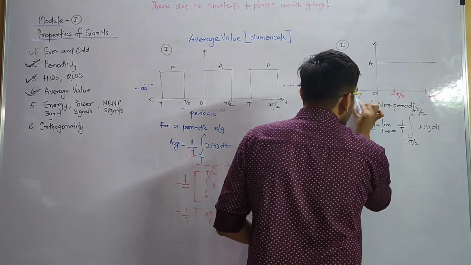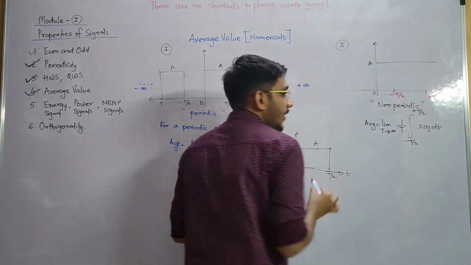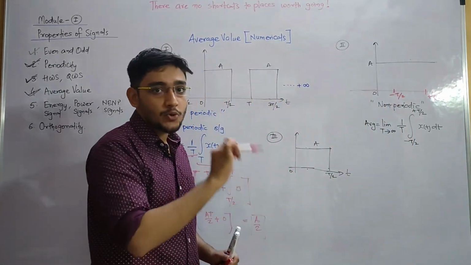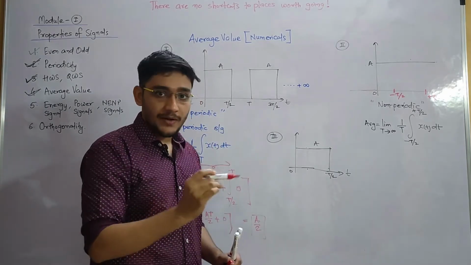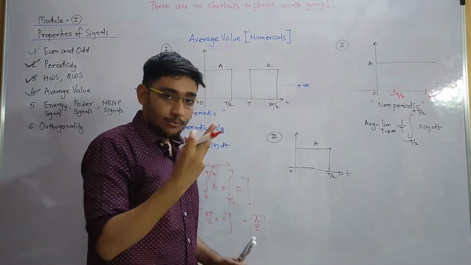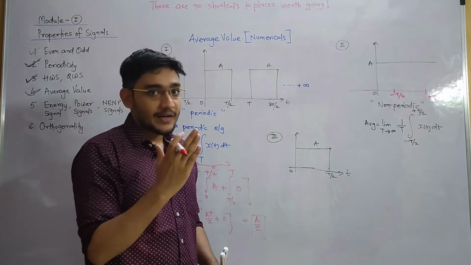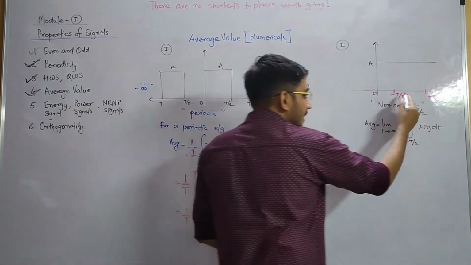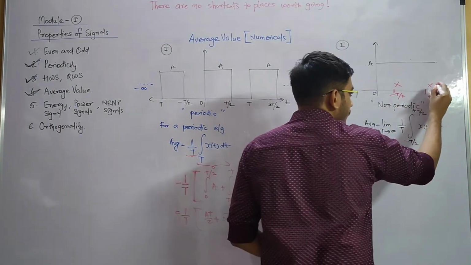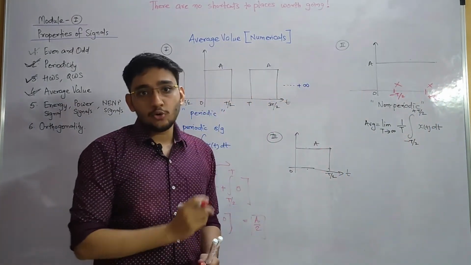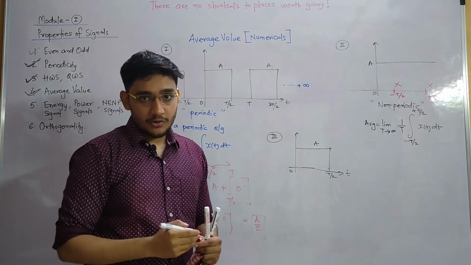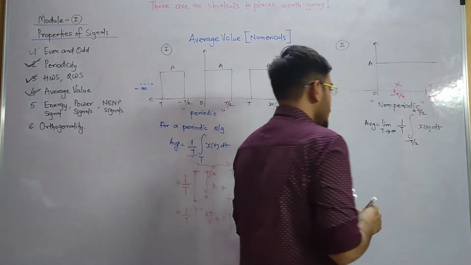It was 0 initially and then it was going to a value of a. So I have to choose my minus t by 2 to plus t by 2 in such a way that I consider the 0 part of the signal and also the a part of the signal. So this consideration is wrong. I cannot place my minus t by 2 to plus t by 2 in such a duration. This consideration is completely wrong.